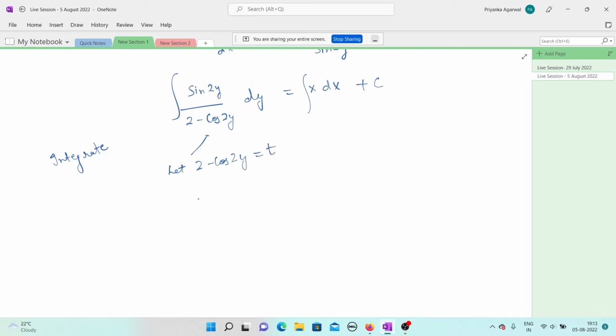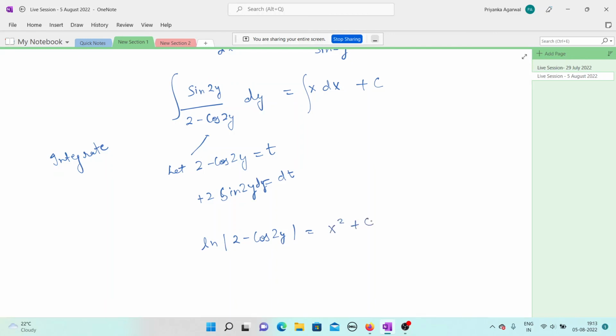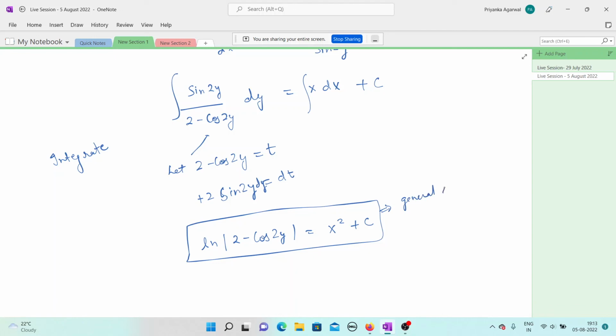This will give you sin 2y dy equals dt. So this integration will become ln of 2 minus cos 2y equals x square by 2 plus c. So this is another way of writing the solution for this particular equation. So this is also a general solution.